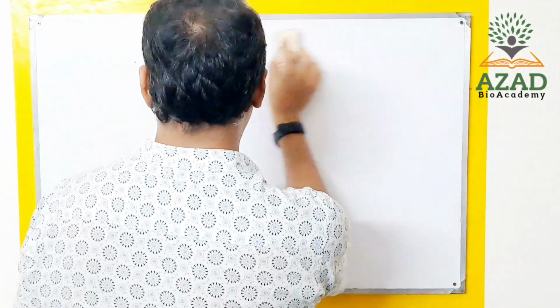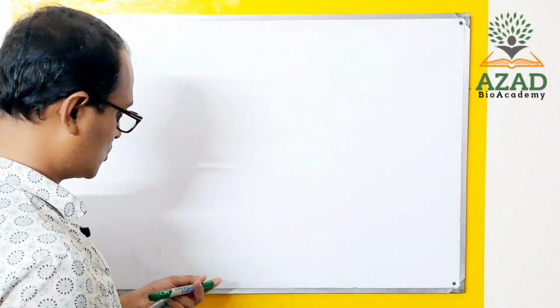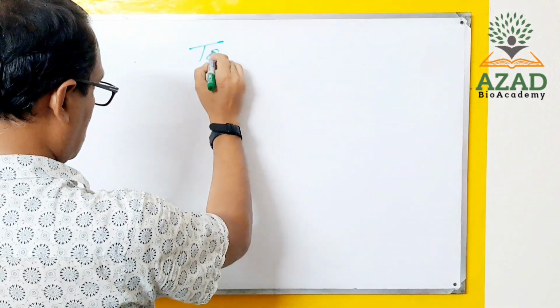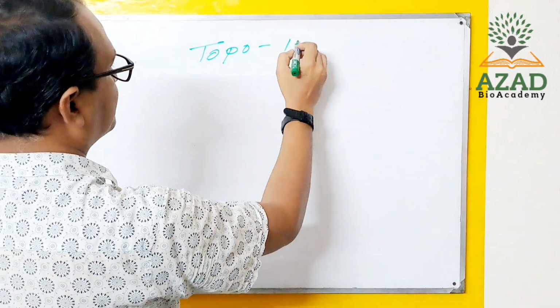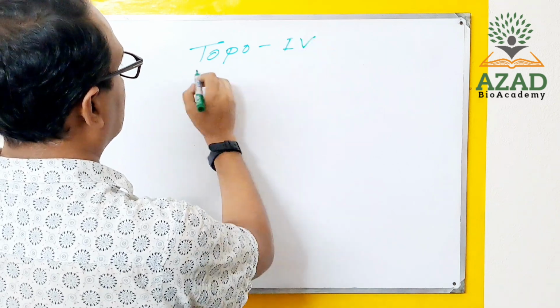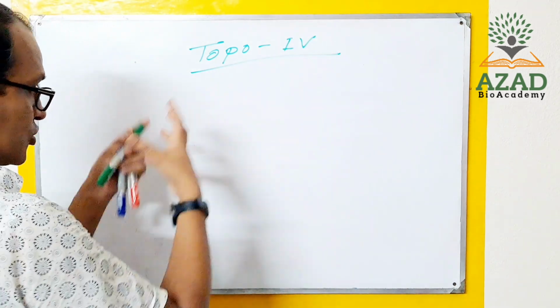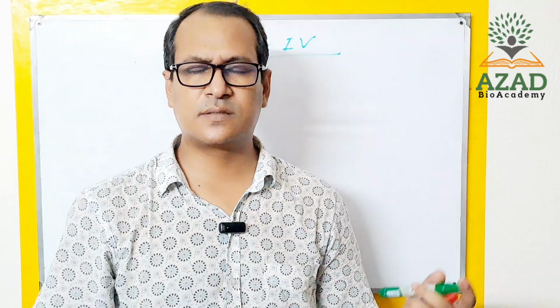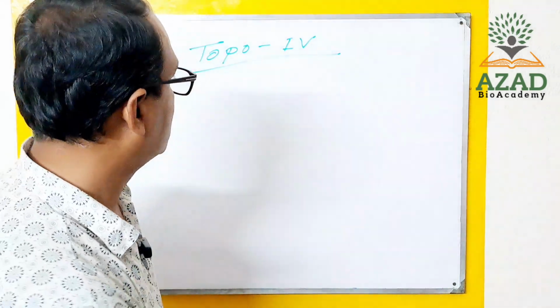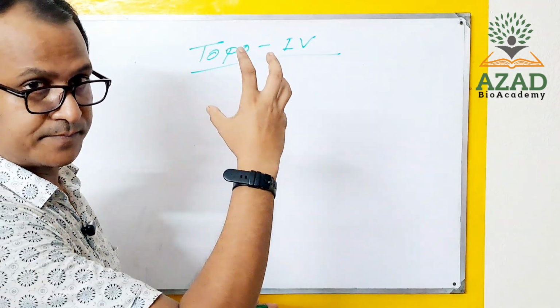So now I will go for another important one, that is topoisomerase 4. Structurally and functionally, it is very identical with topoisomerase 2, that is gyrase.